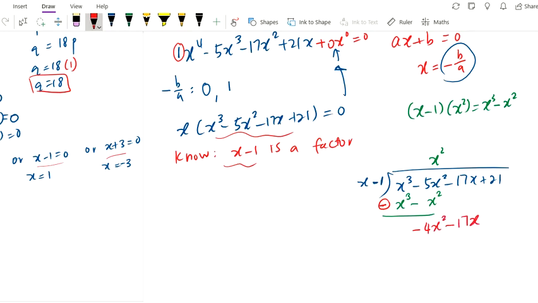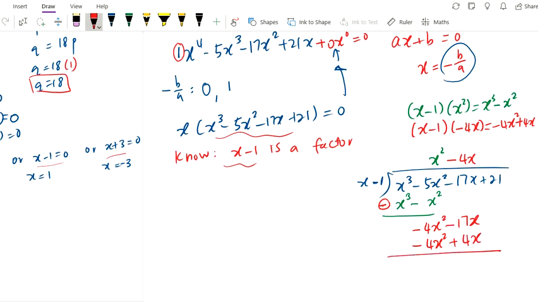So far so good, right? Then for the next one, again, how do you get negative 4x squared with this one? You need to multiply it with negative 4x. So you have a negative 4x squared, and negative becomes positive 4x. So we have a negative 4x here: negative 4x squared plus 4x.